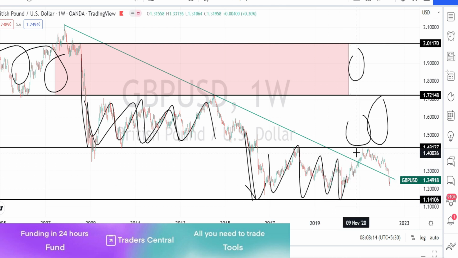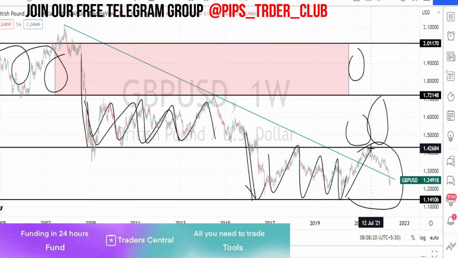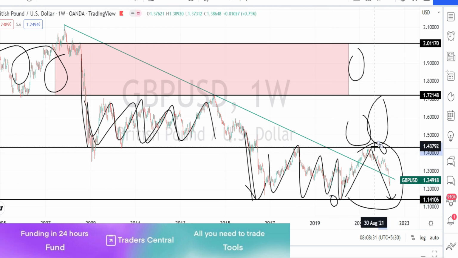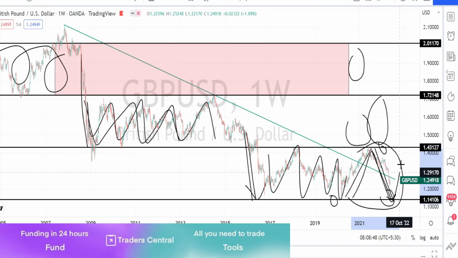And currently within this support level we can notice that it went up on a bullish trend, and currently it is on a retracement. So it is not going anywhere, it is only trading within this support and resistance level, and it is on a retracement to retest the previous support level. So looking at the price action in weekly time frame, it is a range bound market moving sideways.